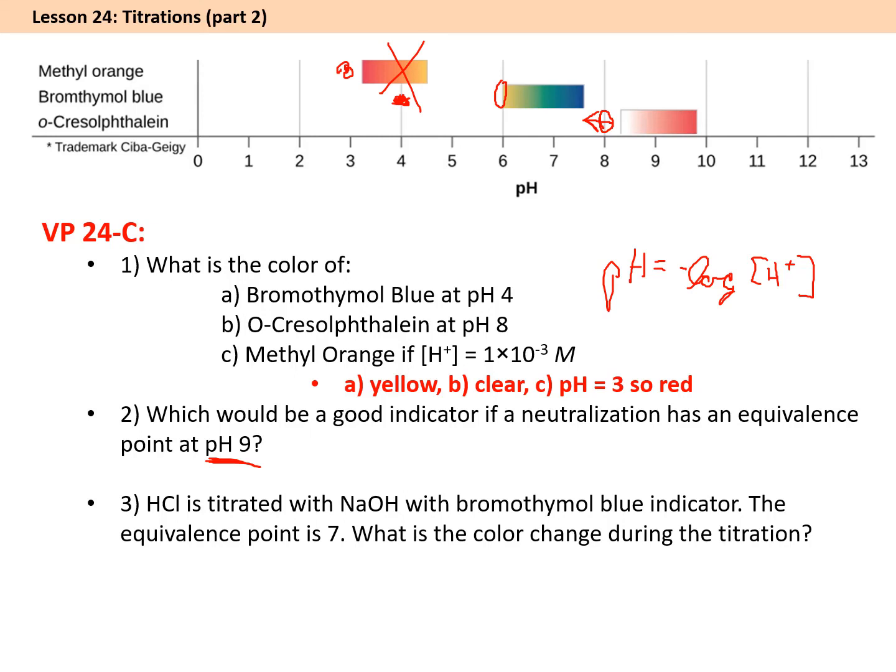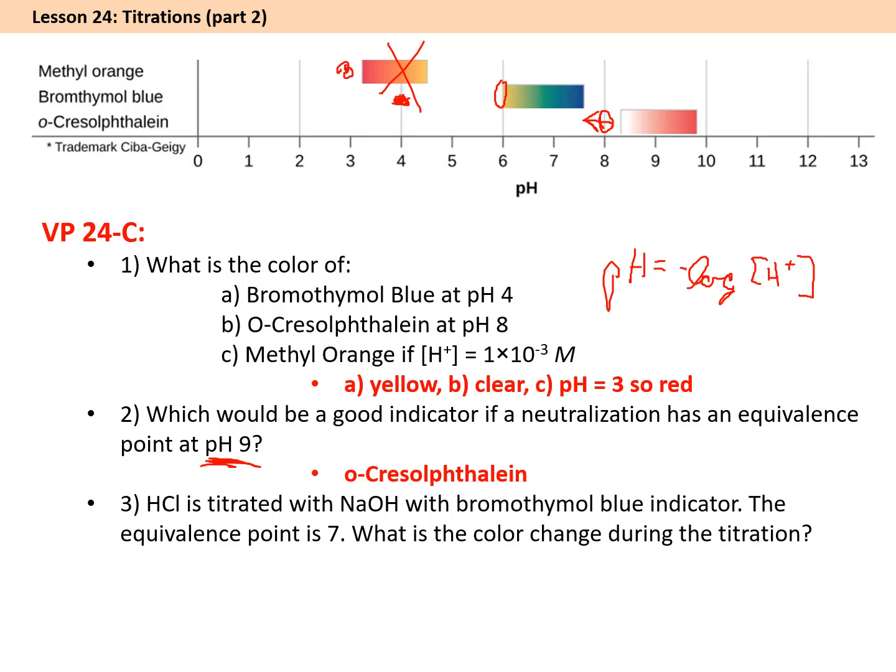Same thing for bromothymol blue. But notice o-cresolphthalein is going to go from clear to red at this pH. So I'm going to look for the first indication of it turning red, and that's going to tell me, oh, I'm at the equivalence point. All right, let's do the last one.